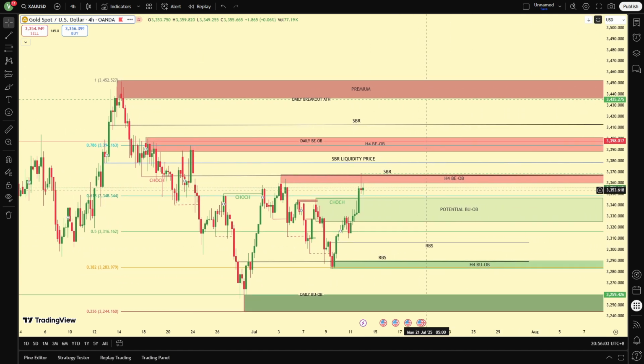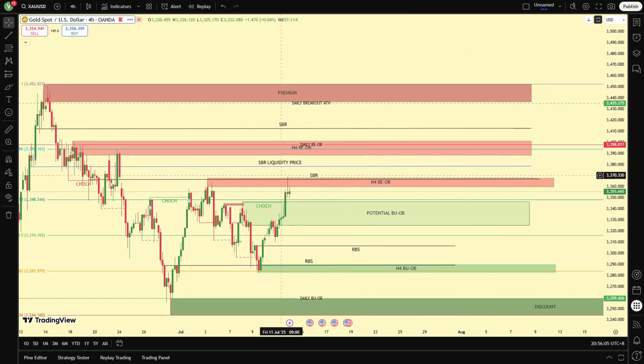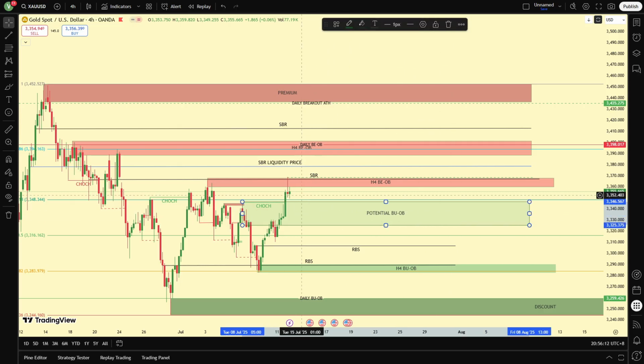Now this area over here can be our break of structure, but we need to wait until the price goes back into this area, which is our potential bullish order block, goes here and then starts to go up with a lot of liquidity on this area, and then it's going to break into our support become resistance liquidity price, which from what I see over here could be our new bearish order block before it continues up into breaking our daily bearish order block over here.